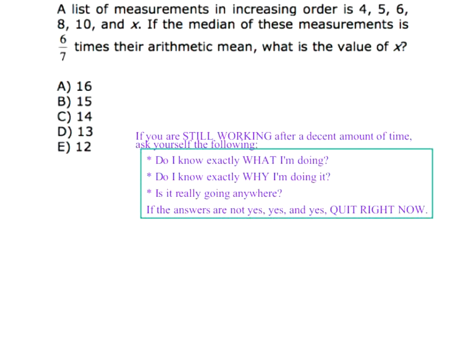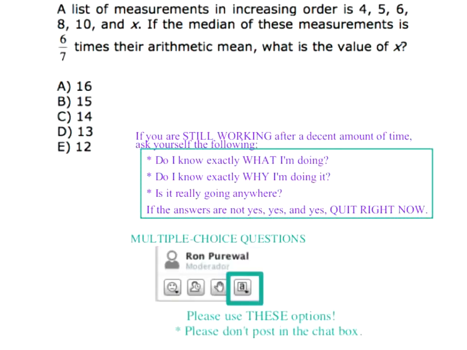I'll give you 5 more seconds to do that. So here's where you find the multiple choice options again. Andre, please don't type in the chat box. As it says here, please select the responses where they are indicated here, not in the chat box.